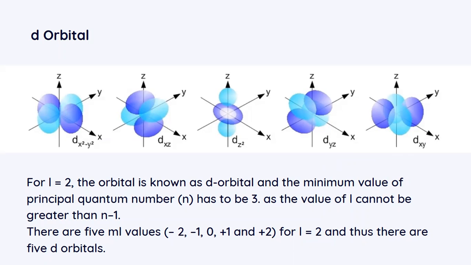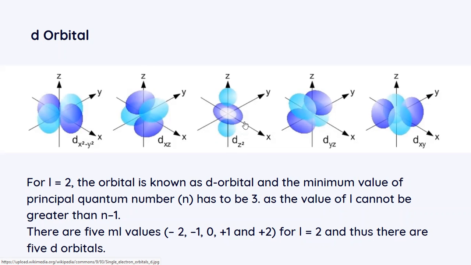So they are designated as dx square minus y square, dxz, dz square, dyz, and dxy. This is also with respect to the plane in which it lies. Okay, so it is different. The first 4 orbitals are similar to each other. If you notice, these 4 are quite similar to each other, but dz square is different from the others.